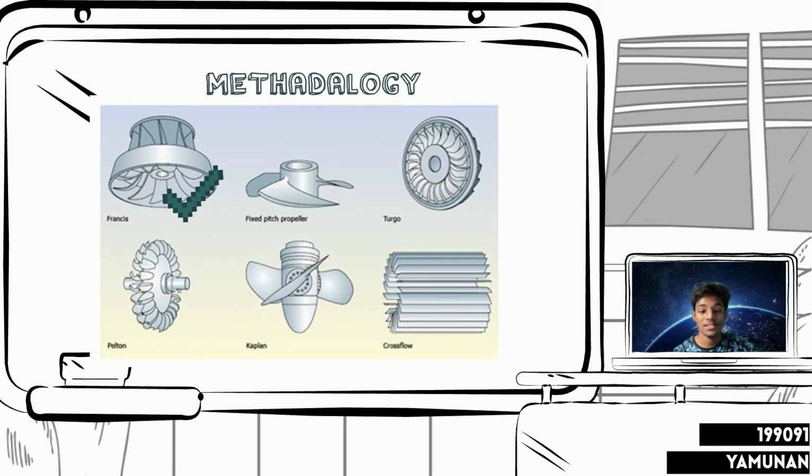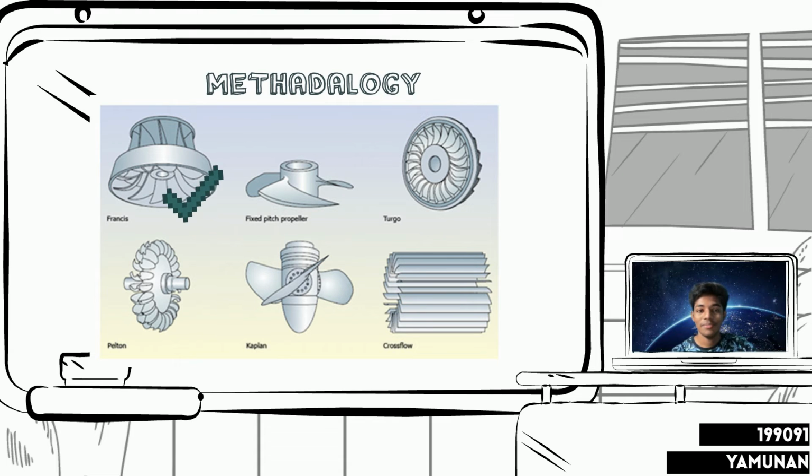Even though some of these turbines have higher efficiencies than the Francis turbine, we still opted for the Francis turbine because of the design and also the size. The Pelton and the Kaplan turbines have way more efficiency, but their size is just way too big for PSH.